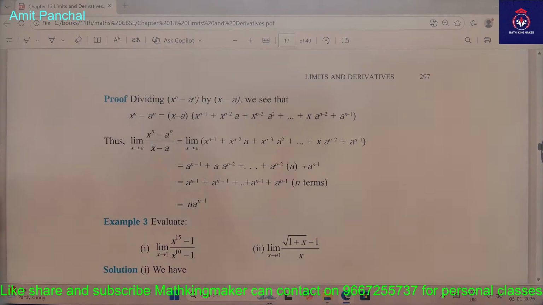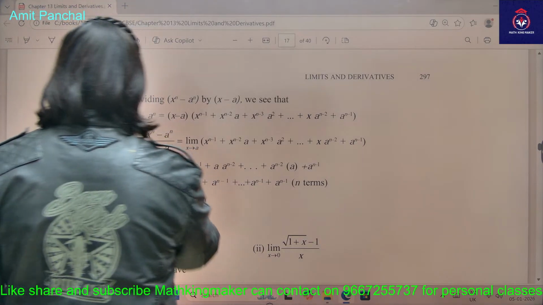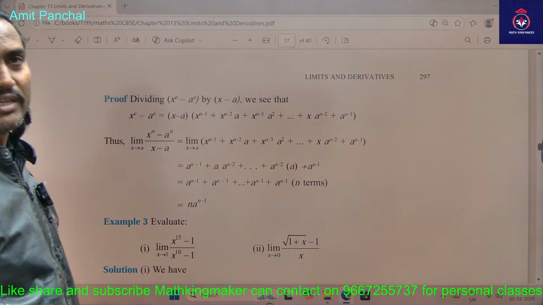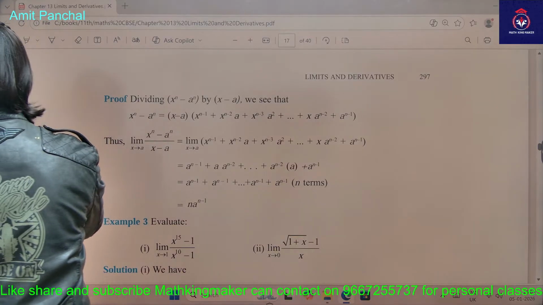What you need to have in this question? x minus a is missing, isn't it?